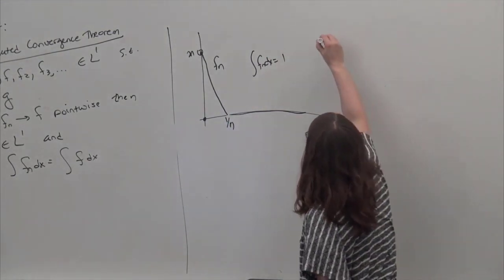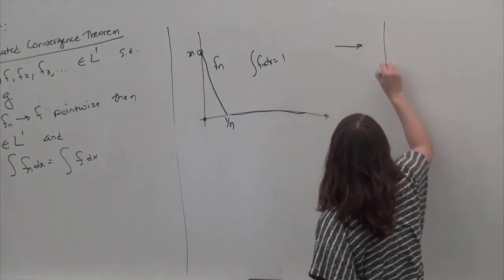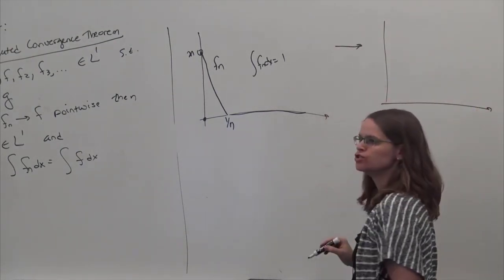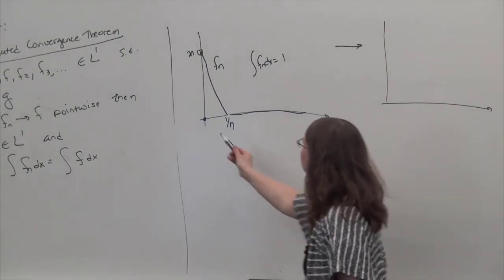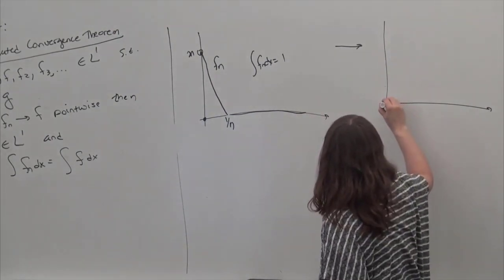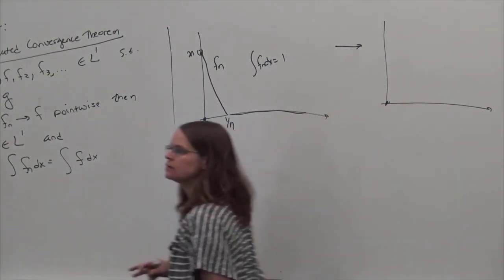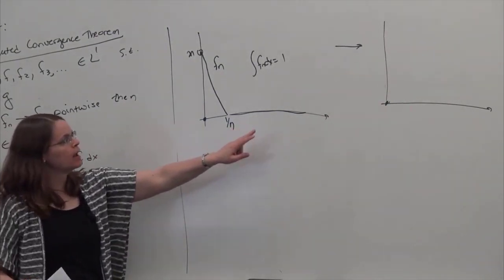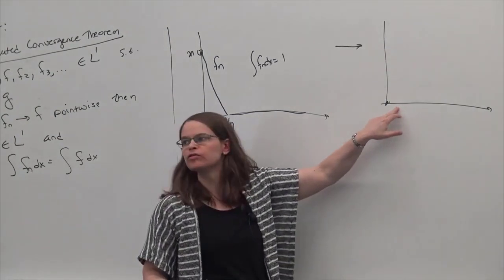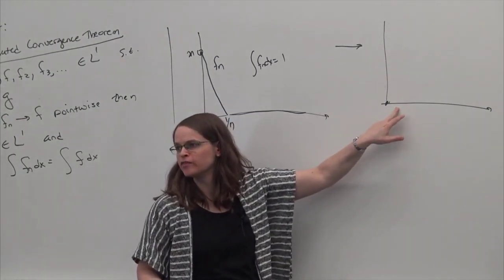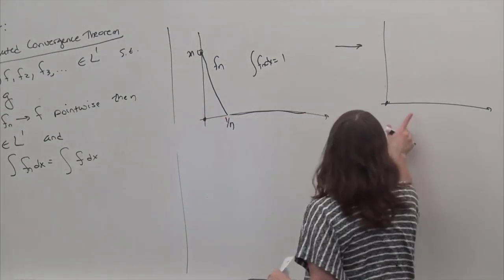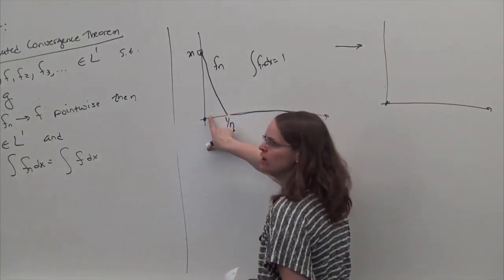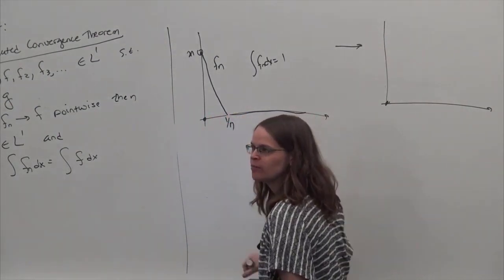But fn converges pointwise to the 0 function. At the origin, I defined it to be 0. At any point greater than 0, if I get far enough along my sequence, this triangle moves in, and eventually the functions all become 0 there.